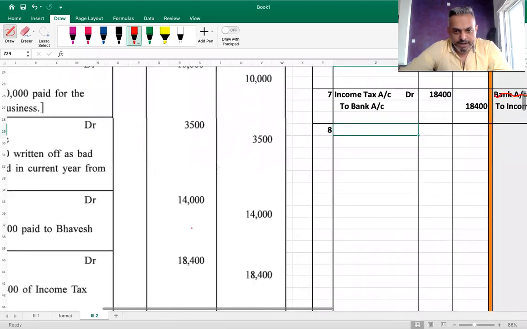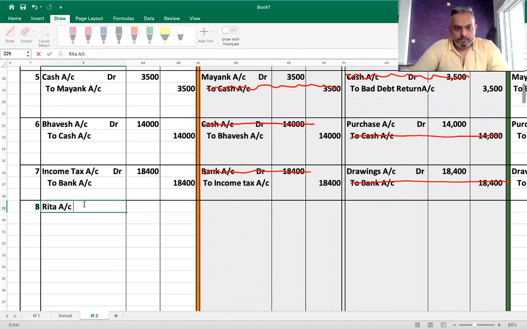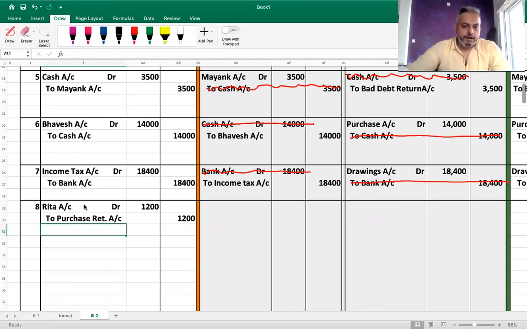Rita account debit to purchase return 1,200. Now we reverse what is wrong.